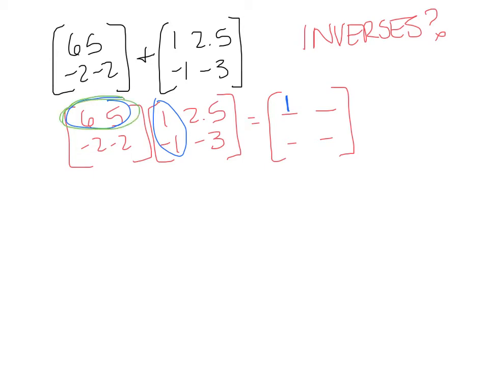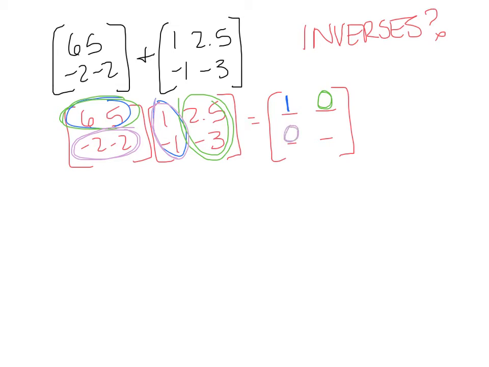Now we have row 1, column 2. So we're going to have 6 times 2.5, which is 15, and -15, so that gets a 0. This is looking good. And row 2, column 1 is going to get us -2 and +2, so that gets a 0.